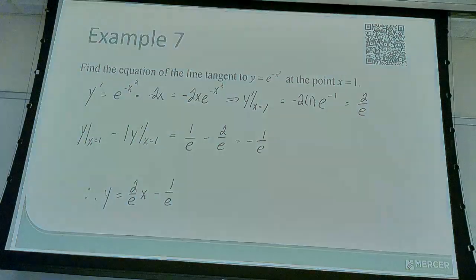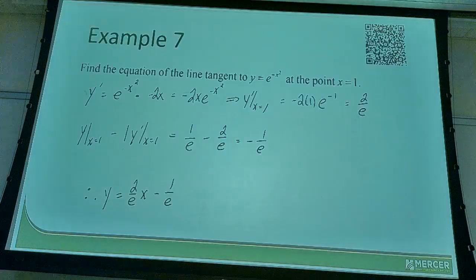So let's look at several of these. What kind of function are we dealing with? For the first function, what kind of function is it?